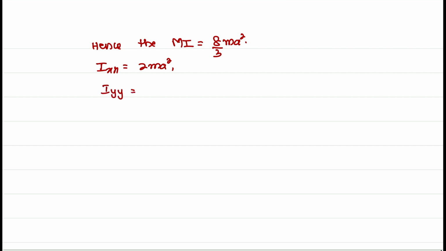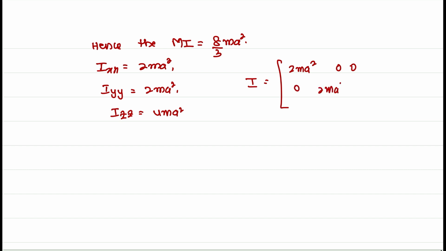Hence, the moment of inertia is equal to 8 by 3 ma square, where Ixx is equal to 2ma square, Iyy is equal to 2ma square, Izz is equal to 4ma square, and the tensor is 2ma square 0 0, 0 2ma square 0, 0 0 4ma square.